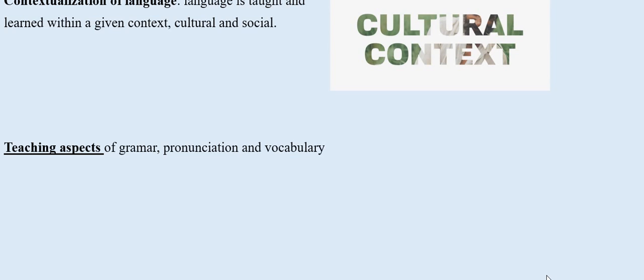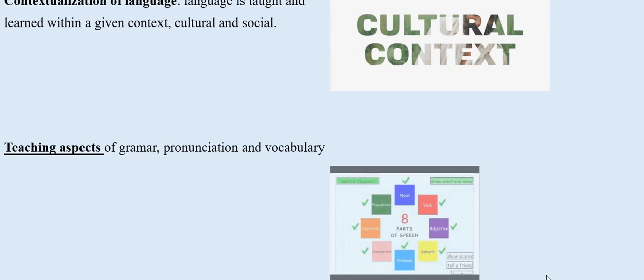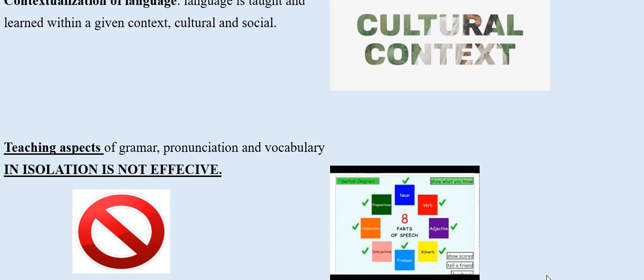It's been proved that teaching aspects of grammar or pronunciation or vocabulary in isolation is not effective. I mean, when you isolate aspects of the language and you want learners to learn them in isolation, such as grammar or pronunciation or vocabulary, it's not so effective.